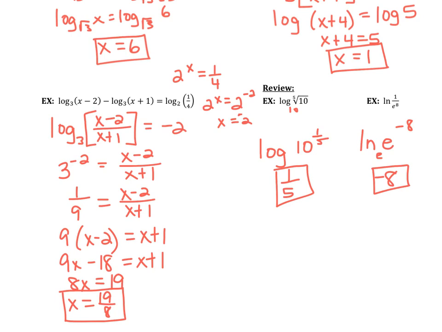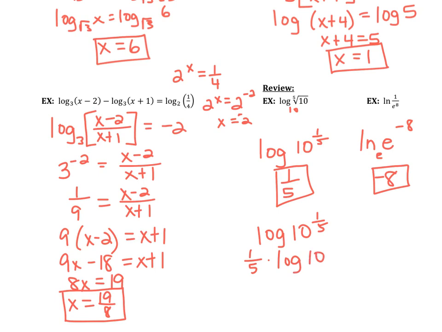So if we go back and let's say we do rewrite this initially, just like we did on this one, log of 10 to the 1/5. Okay, so in other words, take it out of the radical format right here and write it as log of 10 to the 1/5. Okay, well, using properties of logarithms, that 1/5 can come out front.